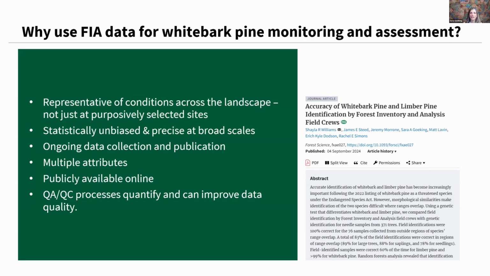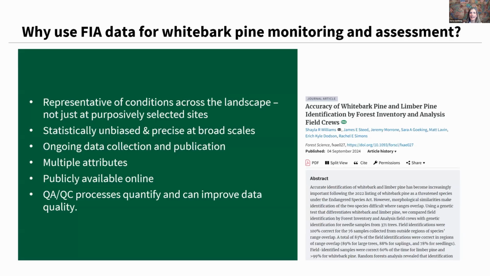This paper was led by Shayla Williams, and the team, I was part of this team, sent samples of trees identified as whitebark pine and limber pine in the area of their range overlap to a lab for genetic analysis and verification. So the results are in this paper.